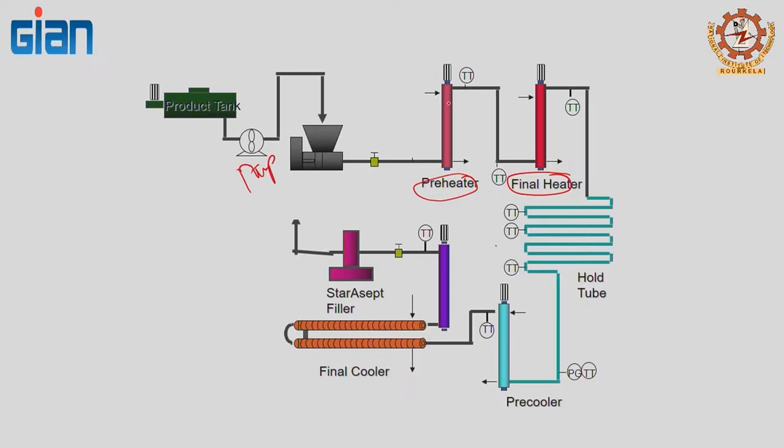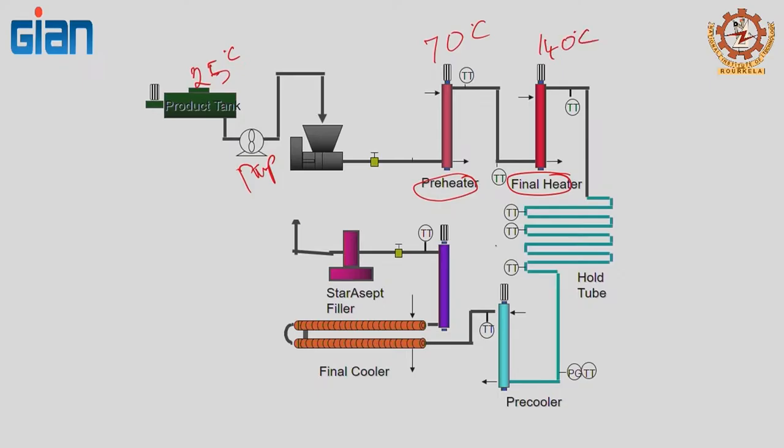When I say preheat, the soup may initially be at 25 degrees Celsius, and I am going to preheat it to maybe 70 Celsius, so that you do not expose the product to very high temperature immediately, whereas in the second heater I may be heating to 140 C.